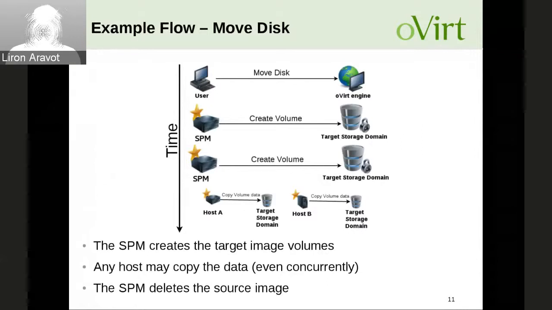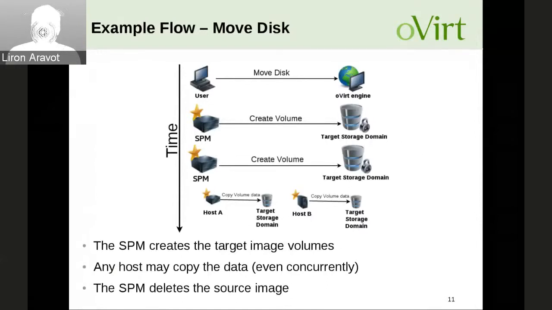So the first thing that we can see is that the engine is the orchestrator of the flow now, as opposed to before, in which the engine just forwarded a request to the SPM saying, move the disk from here to there. Now the granularity of the operations is much greater, and if we have a failure during the flow, the engine can know the state of exactly where we failed.